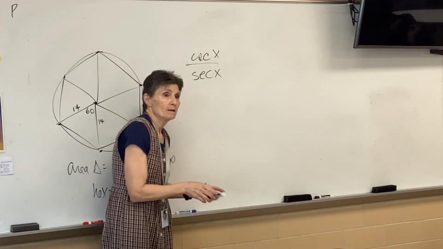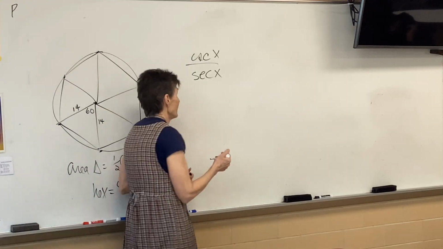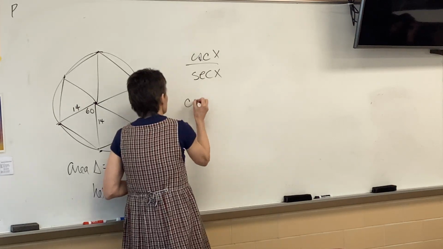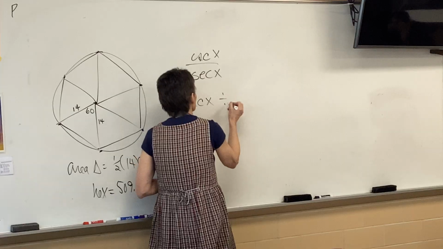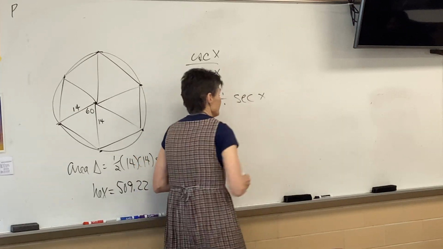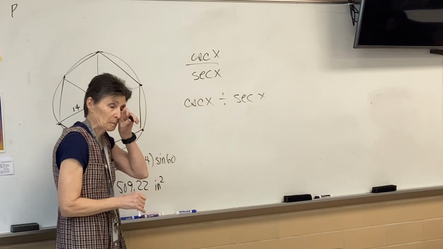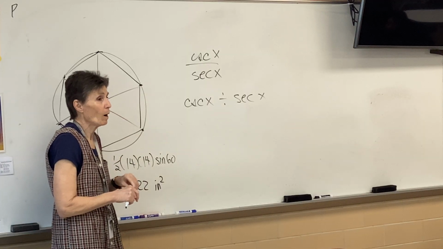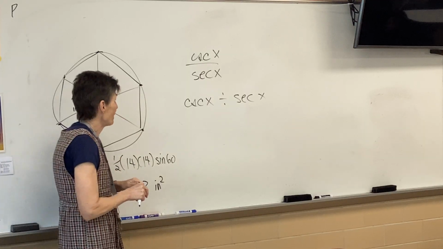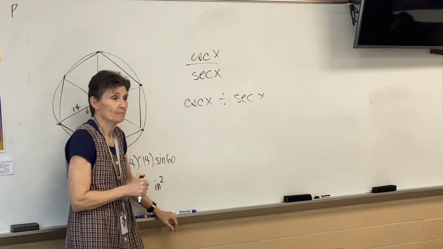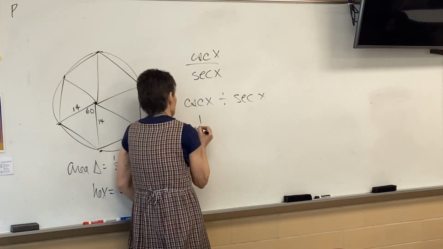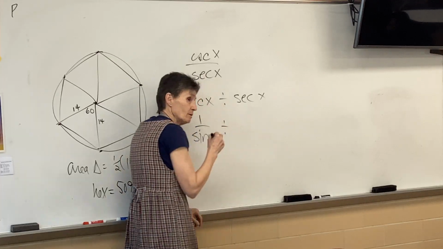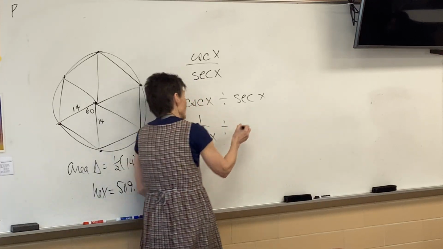Write them out as longhand division. So cosecant divided by secant. Now I did that because what do I know about cosecant? It's 1 over sine, divided by secant, which is 1 over cosine.